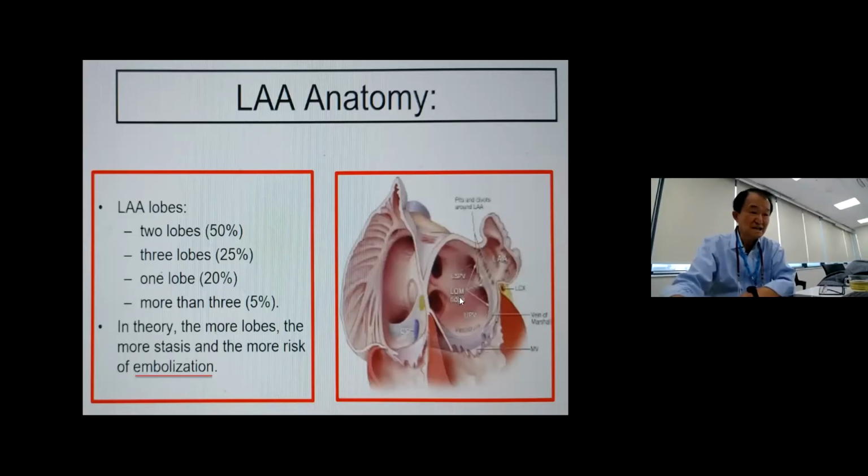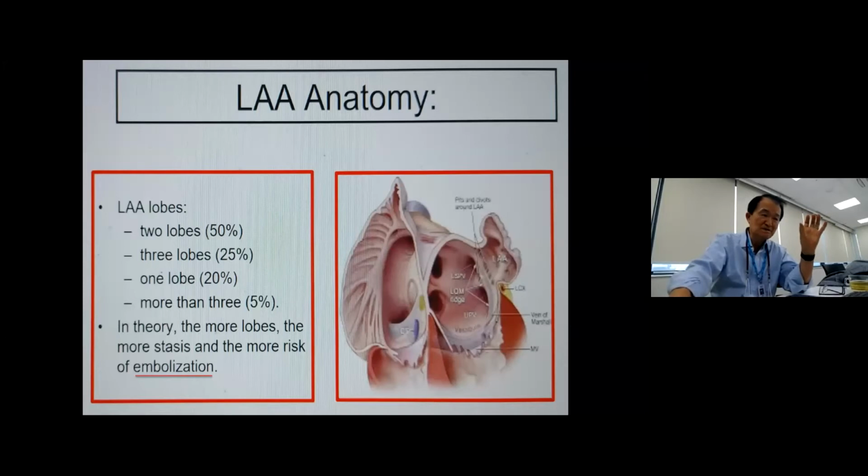And the left atrial appendage is some kind of little extra tissue in the left atrium. There can be 2 lobes, 3 lobes, 1 lobe, or more than 3 lobes. On our FDG PET scan, often you see a hotspot in the left atrium, because the left atrium with this lobe more likely moves more than other walls.